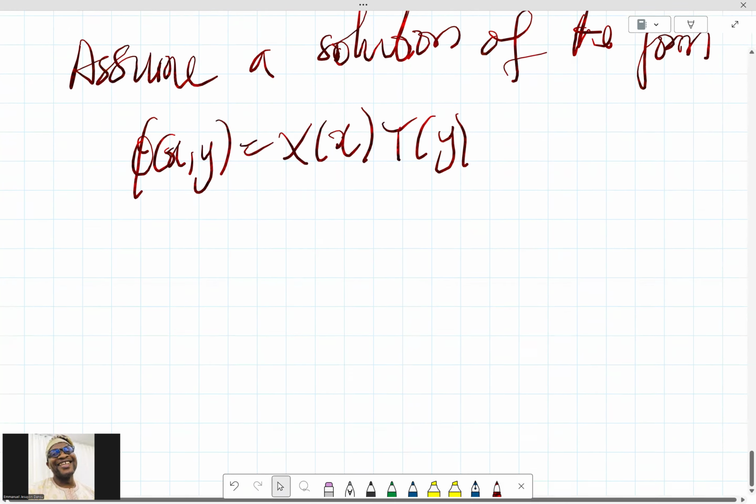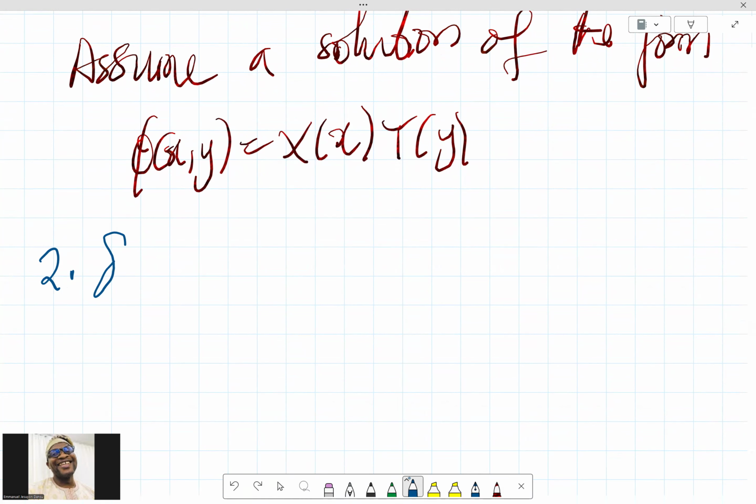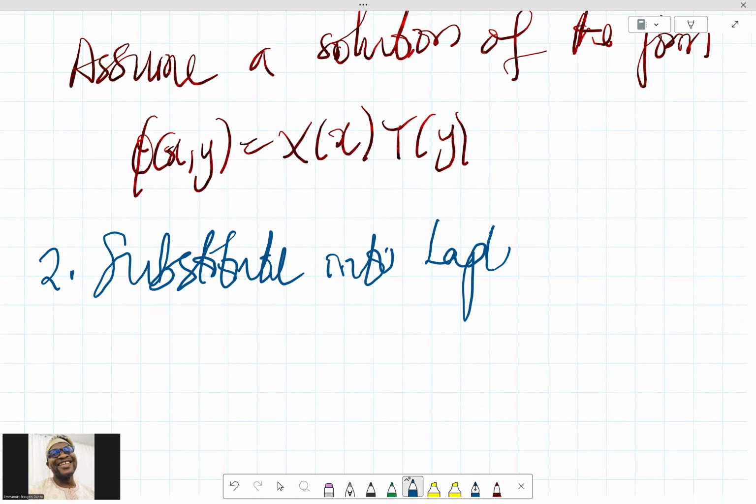Then number two, we have to substitute into Laplace equation.